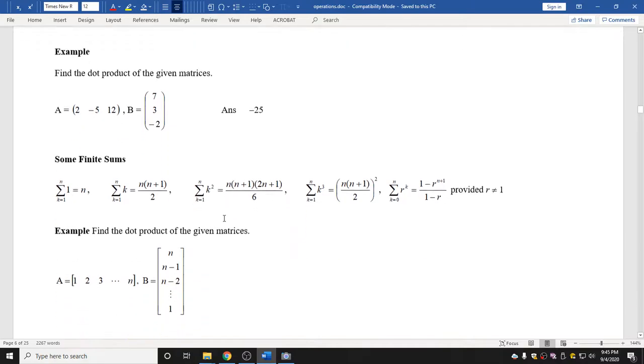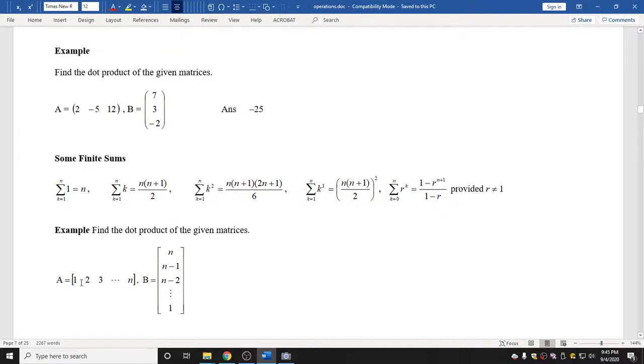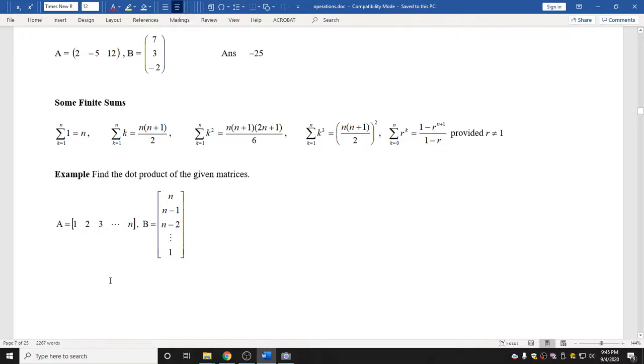Okay, so example. Find the dot product of the matrix A, which is 1, 2, 3, up to n, and the matrix B, which is n, n minus 1, n minus 2, down to 1 as a column. Okay, so this problem turns out to be a little bit tricky because n is an arbitrary integer greater than or equal to 1.